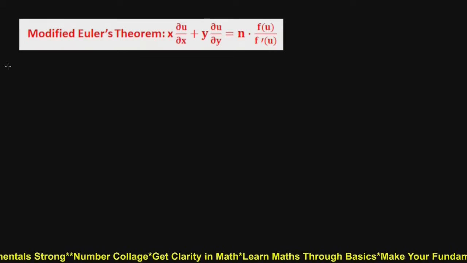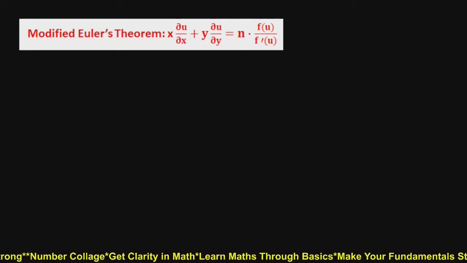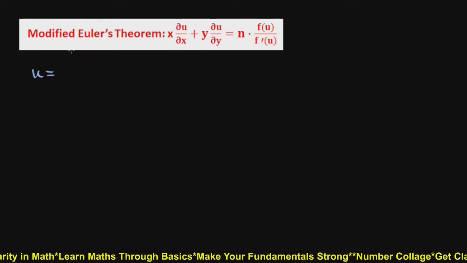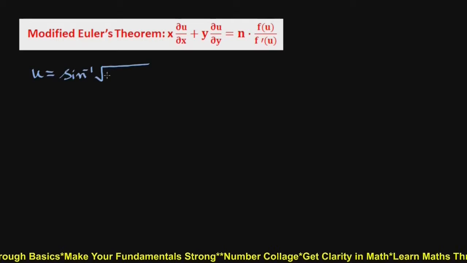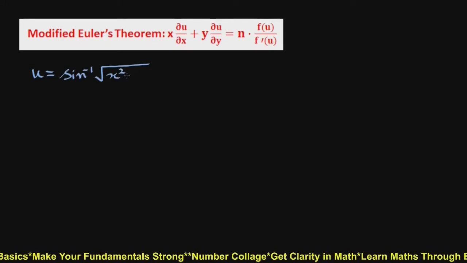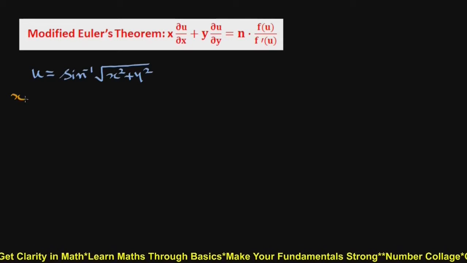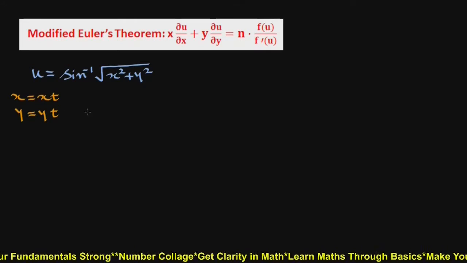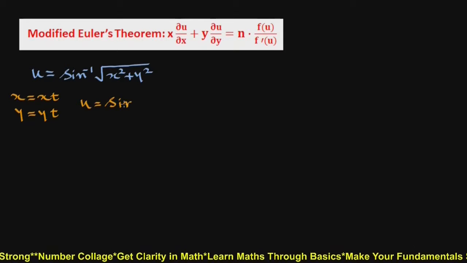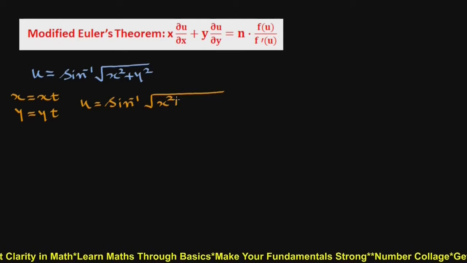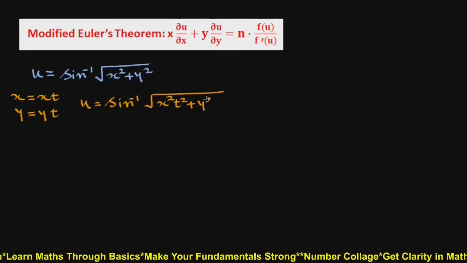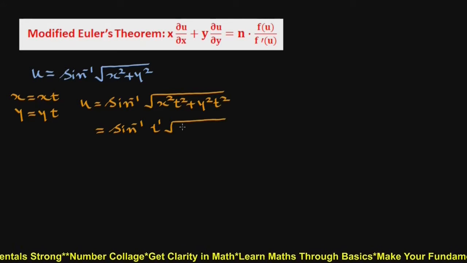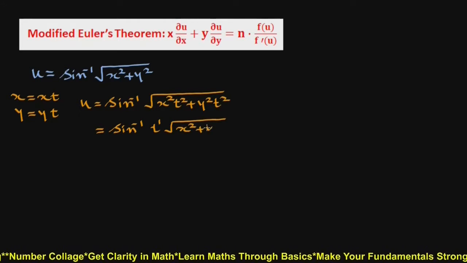For the sake of understanding, let us verify modified Euler's theorem for a function u given as sin⁻¹ of the square root of x² + y². By putting x = xt and y = yt, function u will become sin⁻¹ of the square root of x²t² + y²t², which is sin⁻¹ of t¹ times the square root of x² + y².